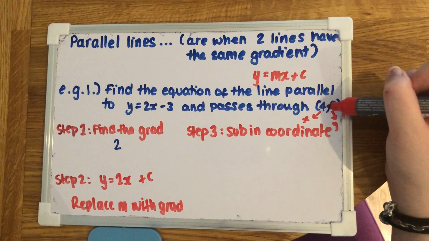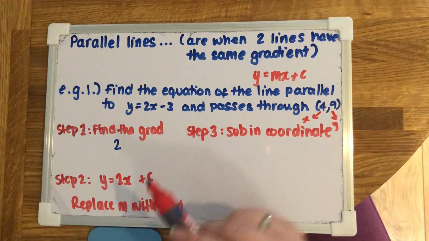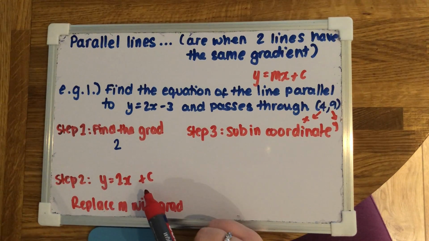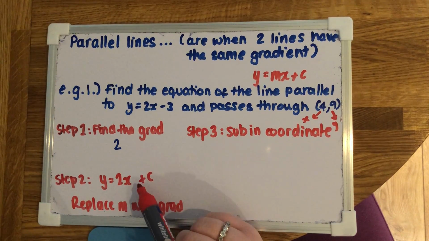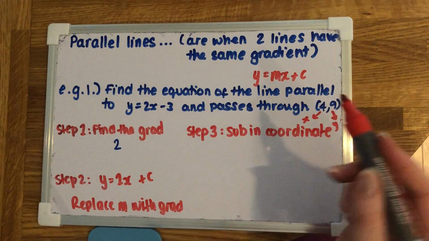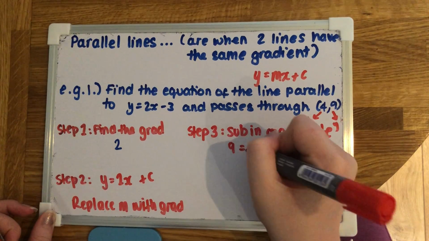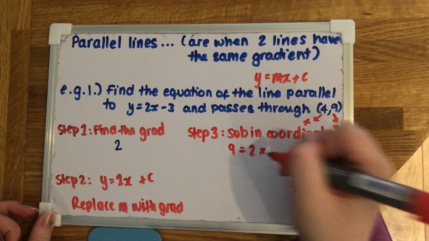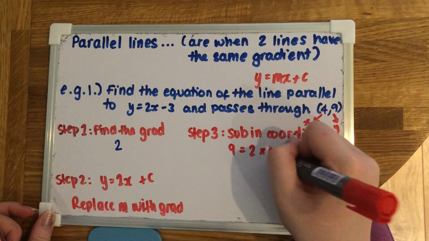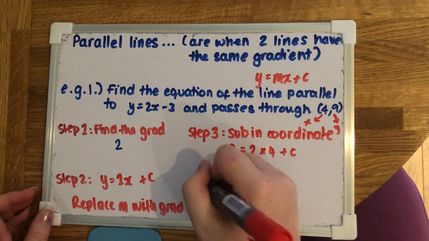And it's saying that when x is 4, y is 9. Okay, so if we put those into our equation that we've got so far, it will then allow us to work out what c is because that's the only letter that is left in the equation. Okay, so y is 9, so it'd be 9 equals 2 multiplied by whatever x is, which is 4, plus c. Now obviously we don't know what c is, that's the whole point.